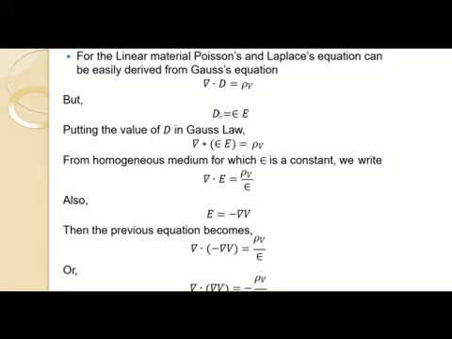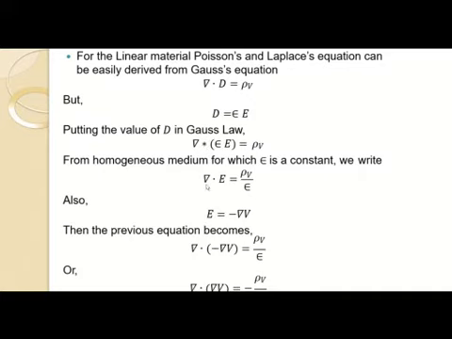If we put it over here, then nabla dot epsilon E is equal to rho V, where rho V is the volume charge density.